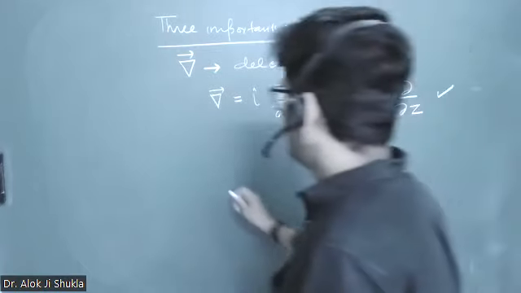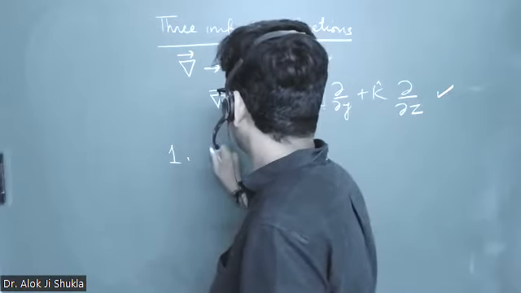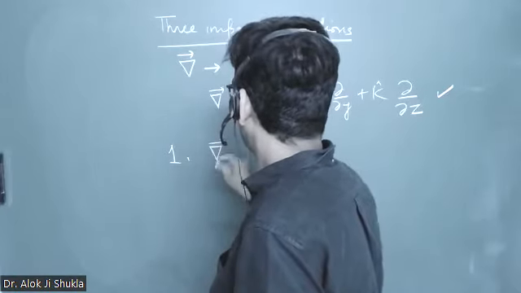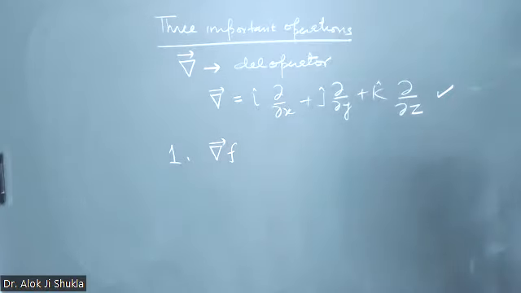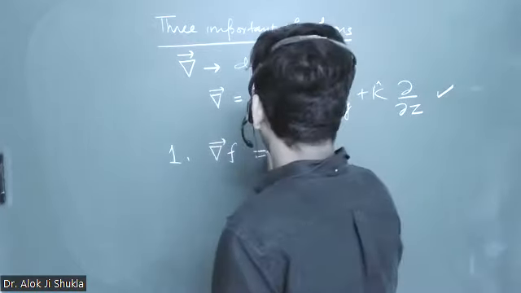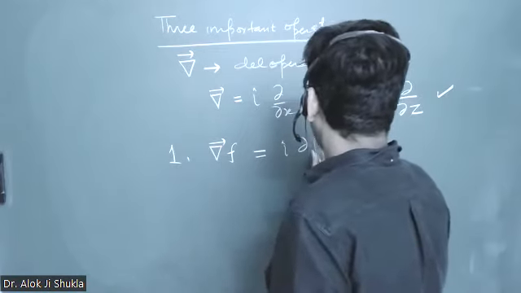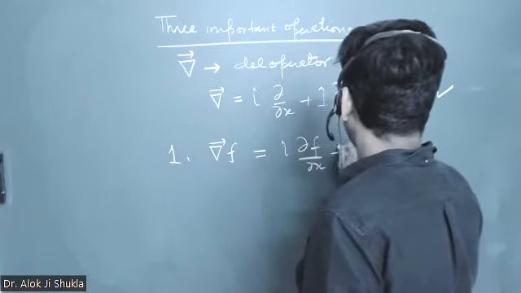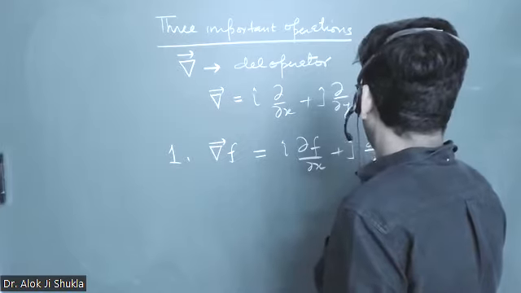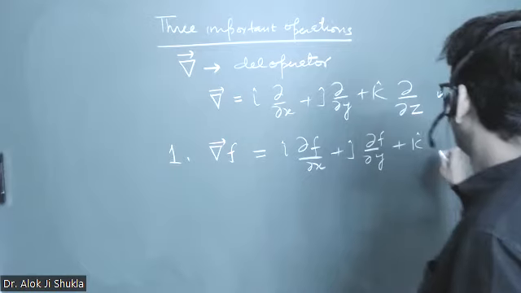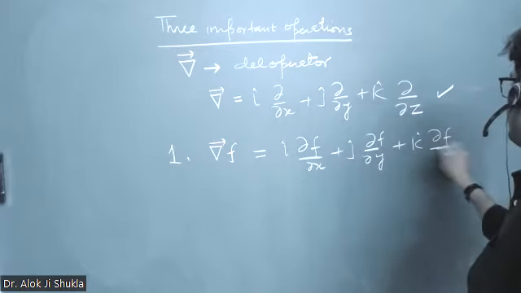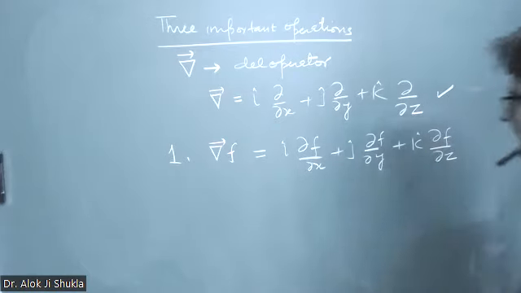Del itself is a vector and it can operate on a scalar quantity f. f is a scalar. So the result will be a vector quantity: i cap del f by del x plus j cap del f by del y plus k cap del f by del z.